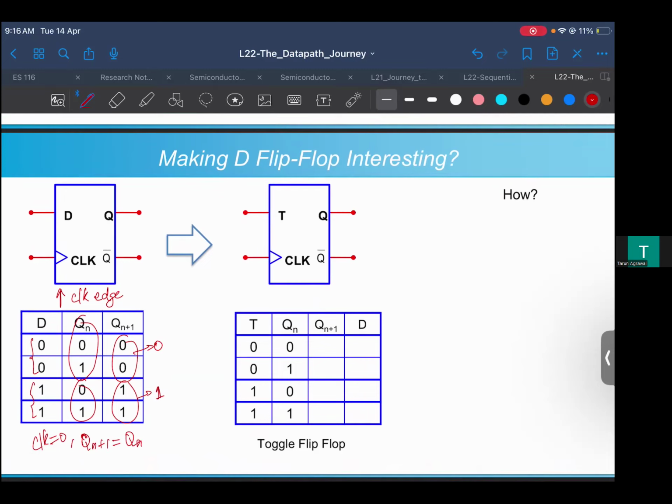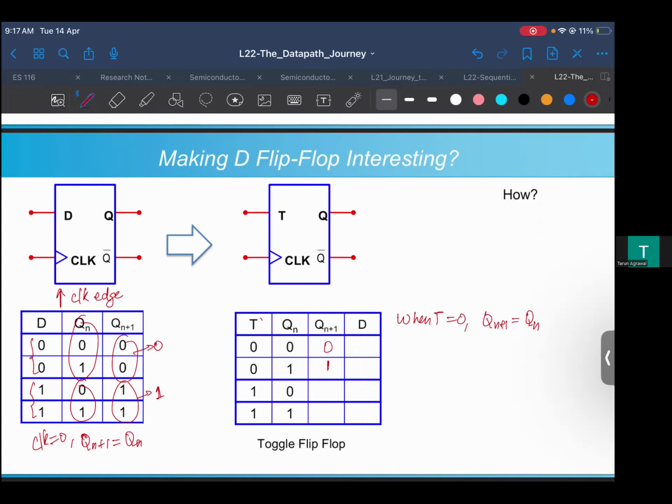That means we are telling it now that rather than whatever you were initially, I want you to be different. How do I want you to be different? I say when your input is t, let's say, which is an external input I'm giving, when t is 0, what I want is your qn plus 1 to be just qn.